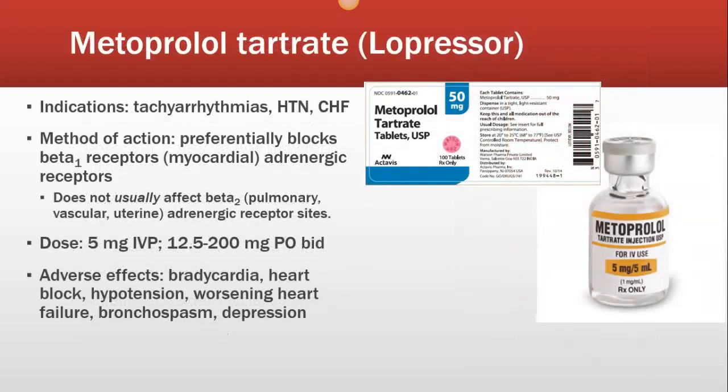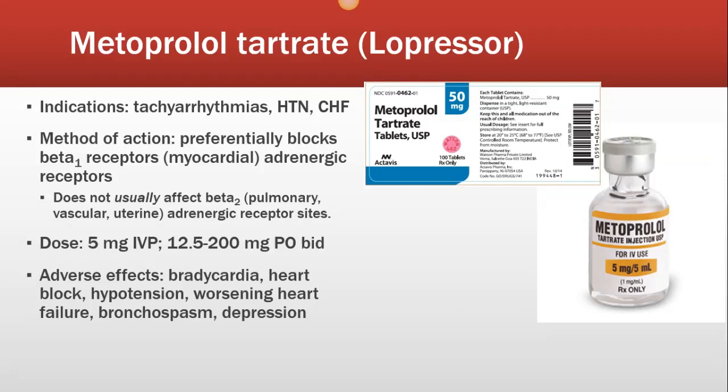So metoprolol, or Lopressor, indications: tachyarrhythmias, hypertension, CHF. The mechanism of action, it preferentially blocks beta-1 receptors, the myocardial adrenergic receptors. Usually does not affect beta-2 receptors, which are in the pulmonary, vascular, or uterine. However, it can affect some, but it generally is preferentially blocking the beta-1 receptors.